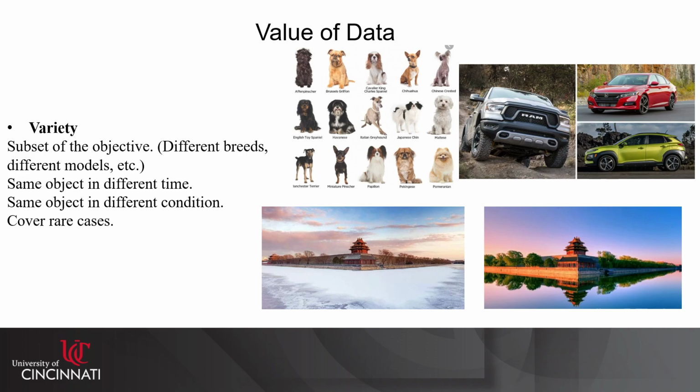The difference in environment will invoke a lot of difference in the details of the picture. And some of them may confuse the model and make it say, okay, I've never seen that, it may not be a roof, but in fact it is. So we have to include all kinds of information. So that's basically it for the value of the data.